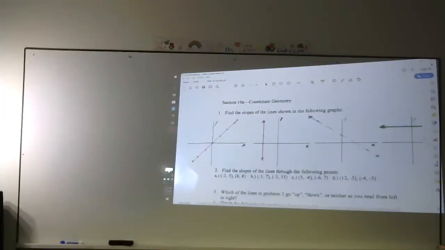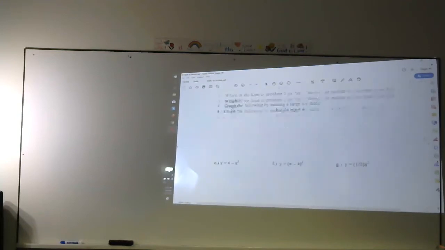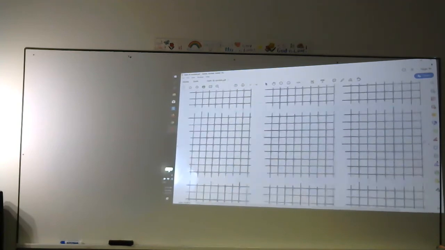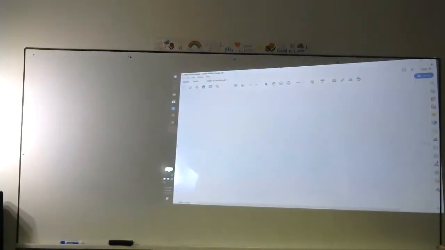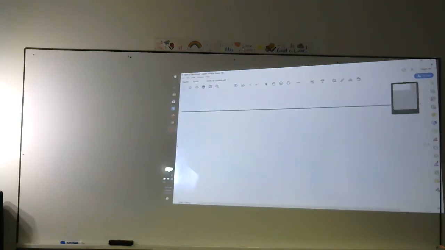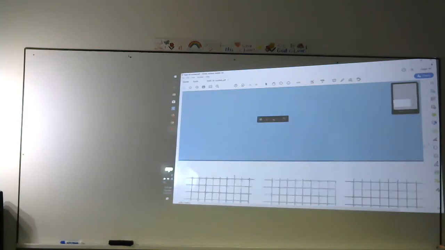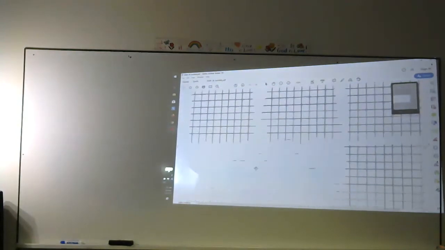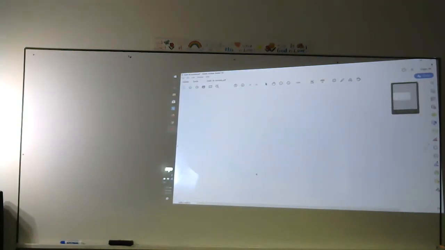We are about at the end of our study in review of algebra. Today we're going to be working on some coordinate geometry, and then that's going to pretty much wrap up what we're doing in the first section of our study together.